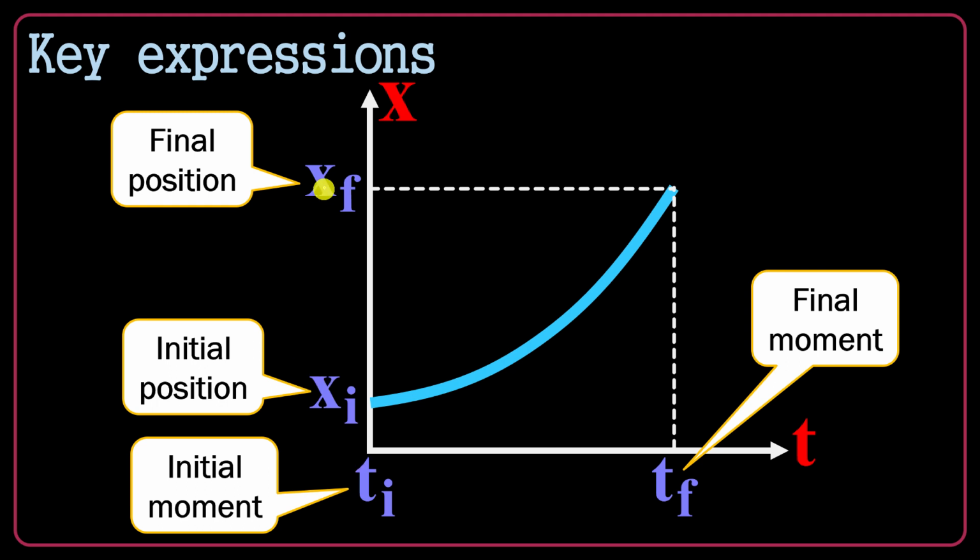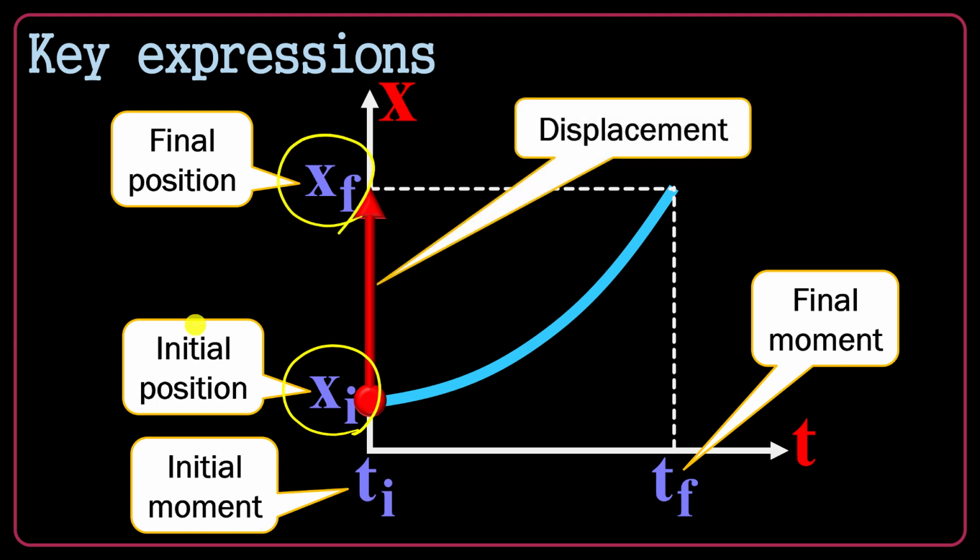From xi to xf, I can draw a vector, a vector starting from the initial position and ending at xf, the final position. It's going to be the displacement, and we had a complete discussion about the displacement in the previous video, so you know what the displacement is.